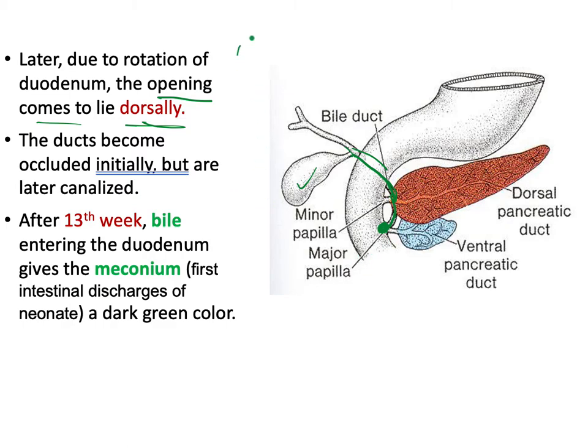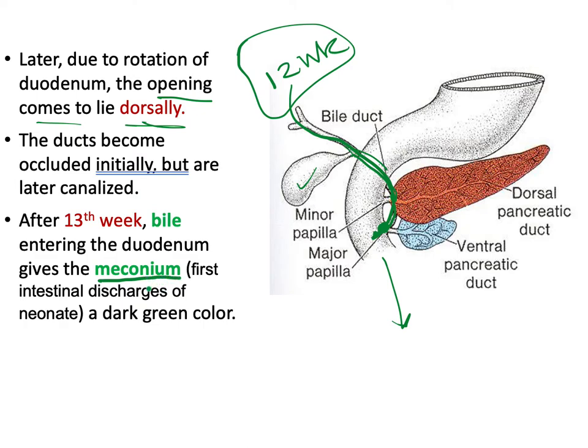We said that in the liver, bile starts to form at the 12th week, and after about a week the bile enters the duodenum, and because it is green, it gives the meconium. The meconium is the first intestinal discharge of the neonate once he or she is born. So the first stool is called meconium, and it's dark green because of the bile.